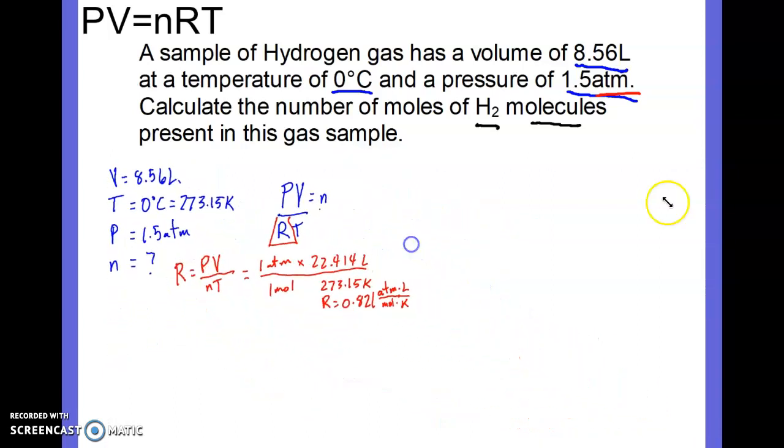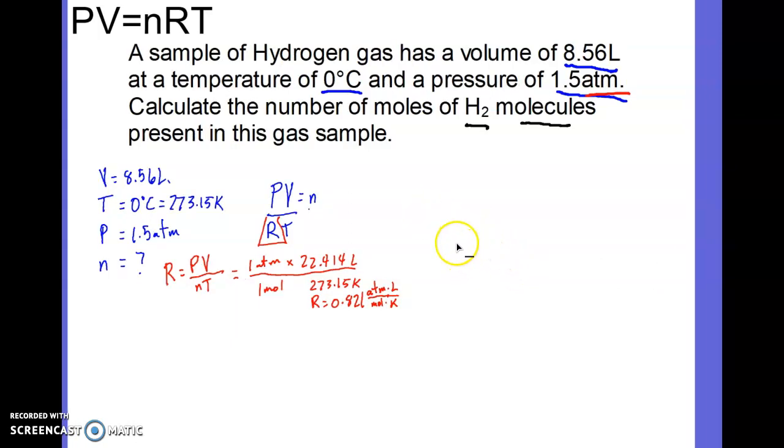Okay, so here's our values. So now let's plug this in here. So we're going to have our n is going to be PV divided by RT.